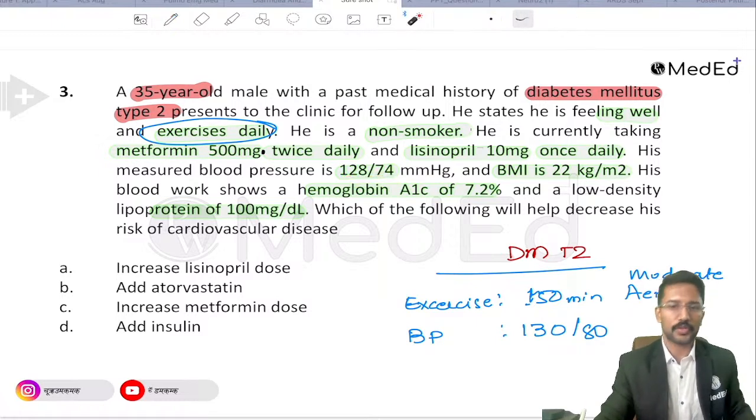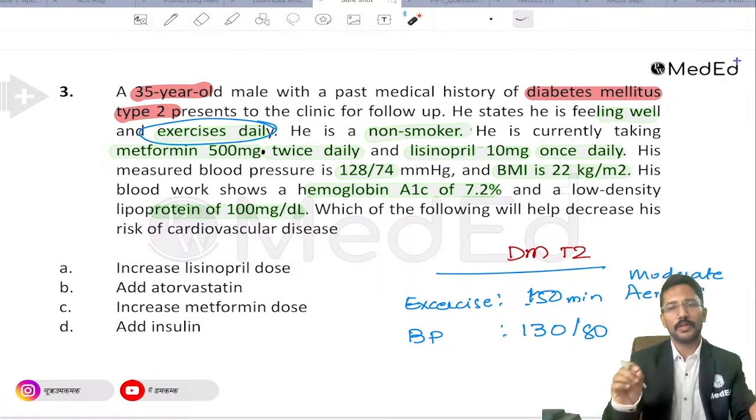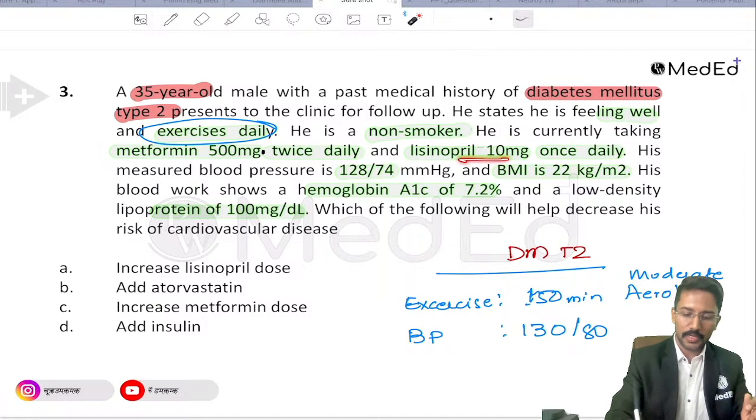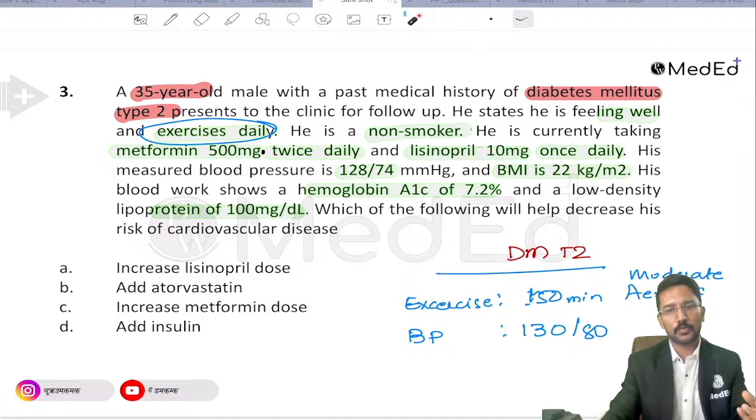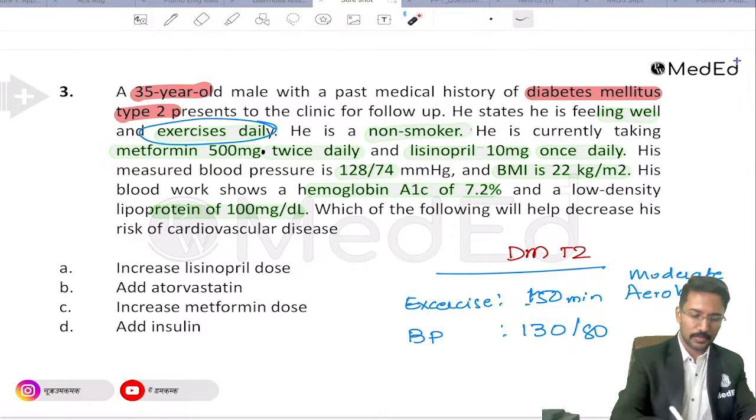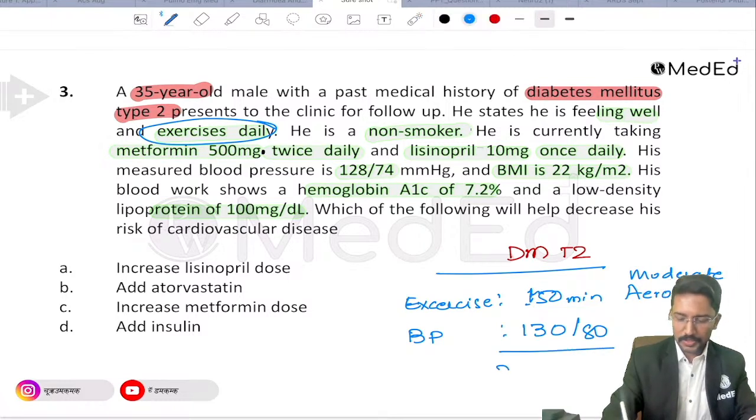Fair. Okay, so do we need to tamper with his diabetic medications? Probably no, right? I would still consider giving a 2-drug combination because mostly current guidelines recommend that, instead of giving lisinopril 10 milligrams, I can give 5 milligram lisinopril and another calcium channel blocker. So current recommendation is 2-drug regimens using a CCB plus an ACE inhibitor or ARB.